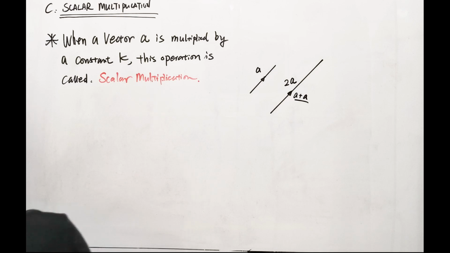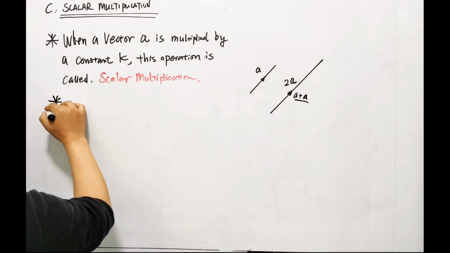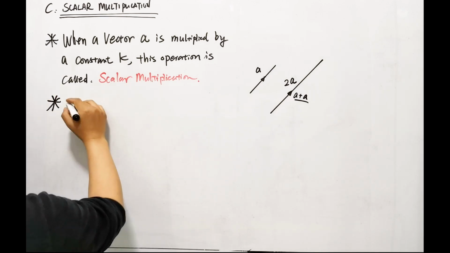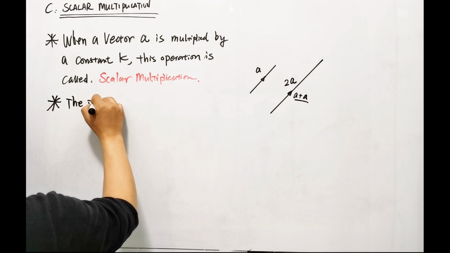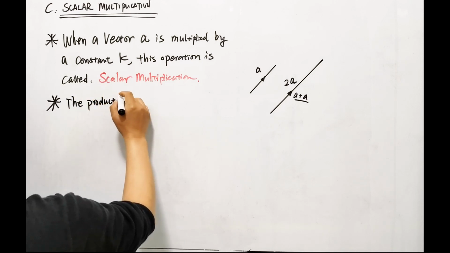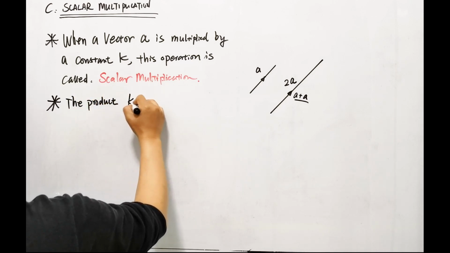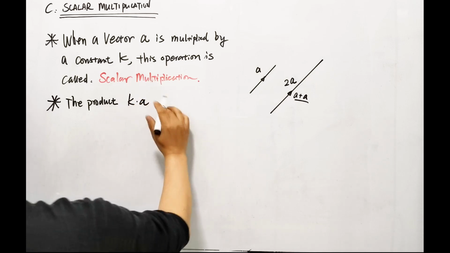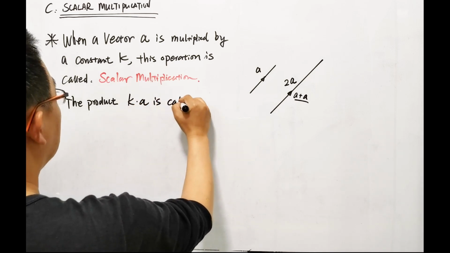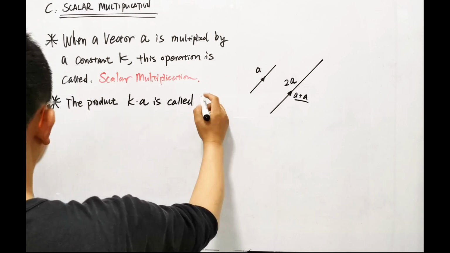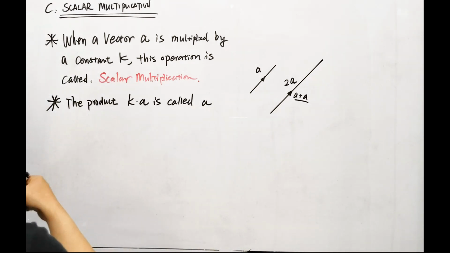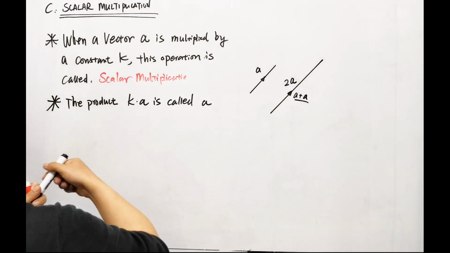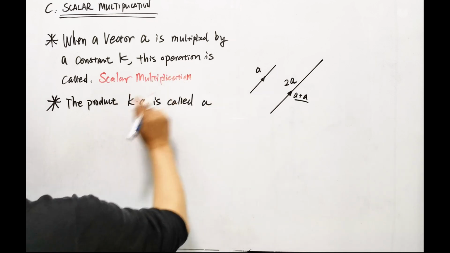And the second concept is, the product K times A is called, we also give a name. So what is the name?